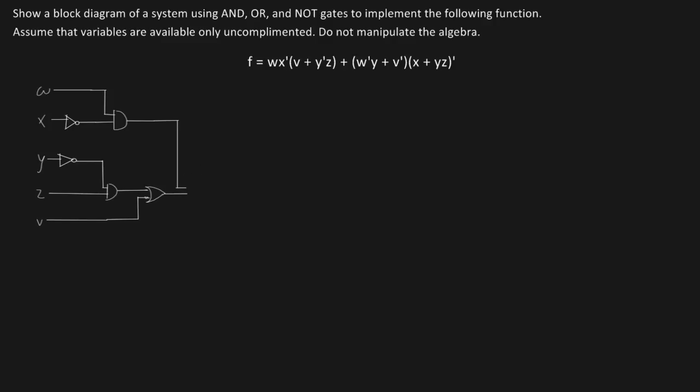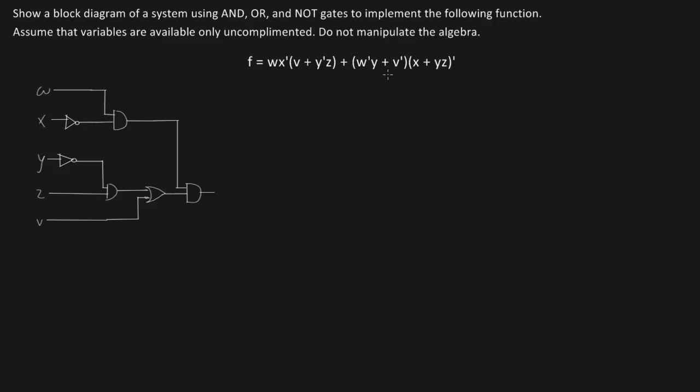Okay. AND gate. All right. Not too bad. Moving on to the next part of the problem here. So we have W naught and Y ORed with V naught. So we'll get that out of the way, and then we'll do this part and then AND them together.